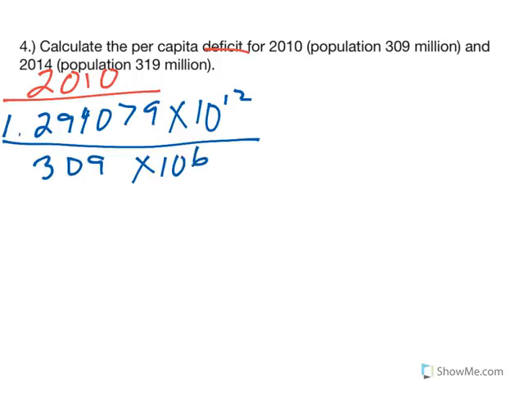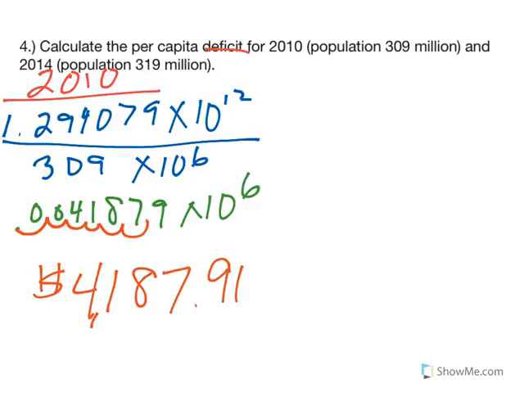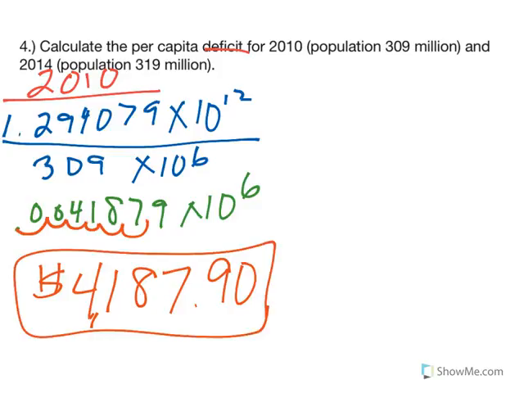So when I divide those, I end up with 0.0041879 times 10 to the 6th. Well, when we talk about money, we don't usually talk about it in terms of times 10 to the 6th. So I'm going to move my decimal place 6 places, 1, 2, 3, 4, 5, 6. And I get an answer of $4,187.90. And that is in 2010.